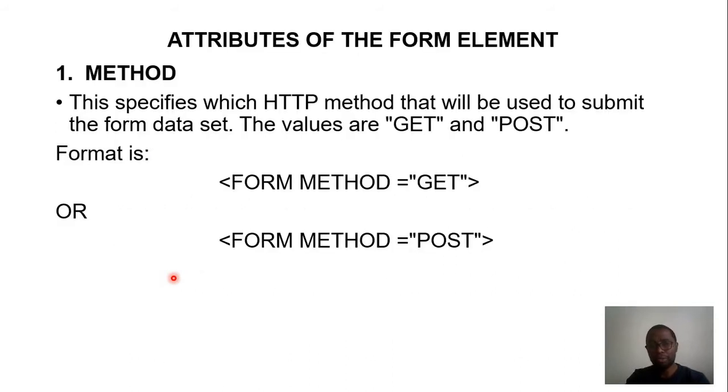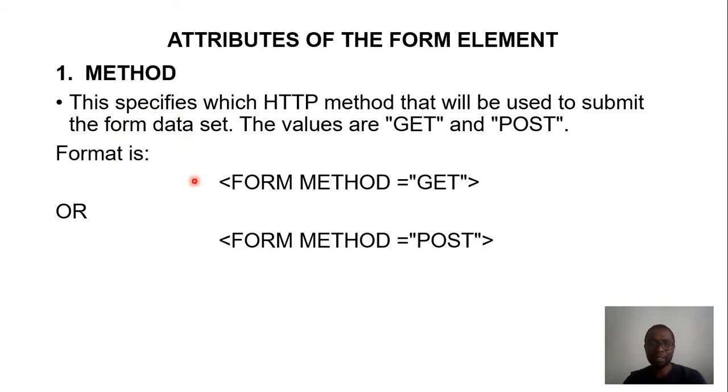Now, attributes of form elements are very important. Number one of the most commonly used is the method. The method specifies which HTTP method will be used to submit the form dataset.